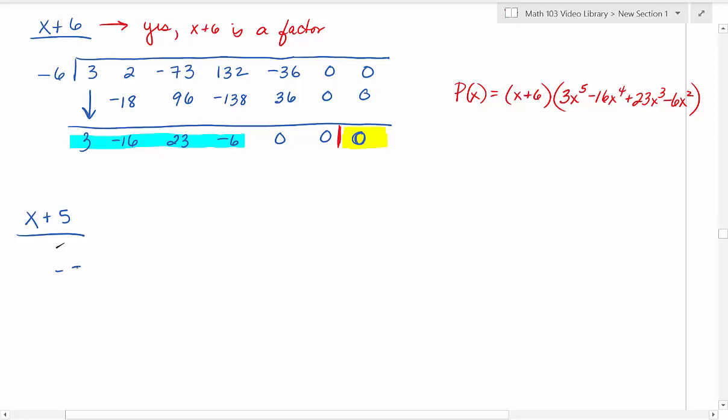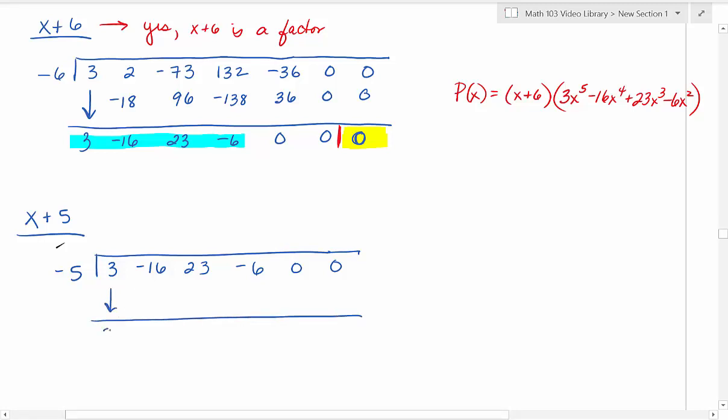Our 0 of -5 goes on the outside and our coefficients underneath. This is going to require two placeholders at the end. We drop down our first number. That's 3 times negative 5 is negative 15. Adding down, we get negative 31. Times negative 5, that's 155.